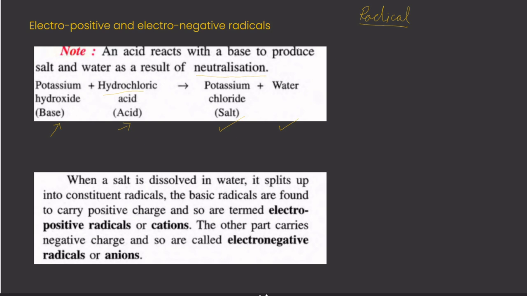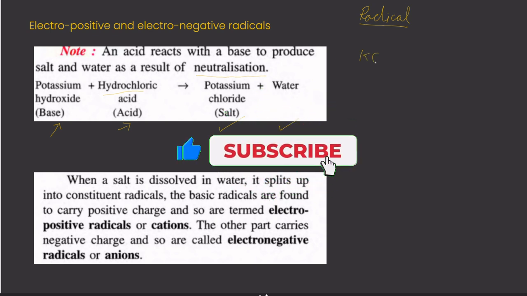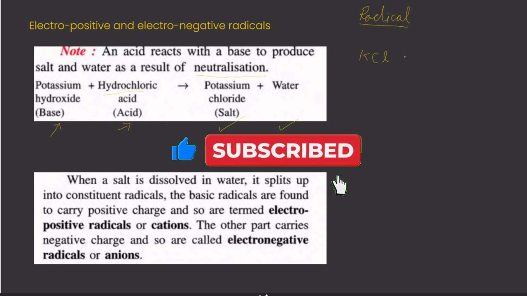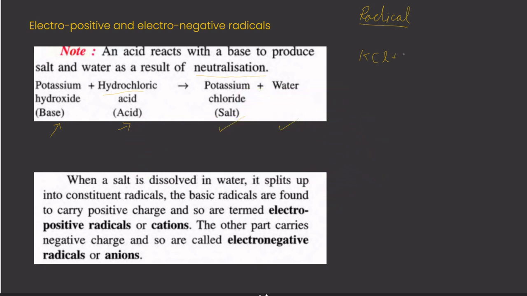Here potassium hydroxide is the base, and hydrochloric acid is the acidic part. Now we have got this potassium chloride, KCl. Its formula is KCl. When we dissolve this KCl in water, it will split into its constituent elements, potassium and chloride.